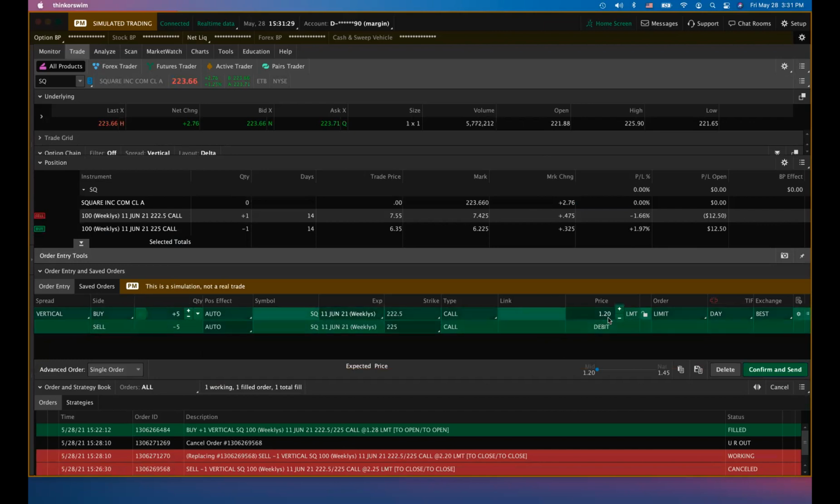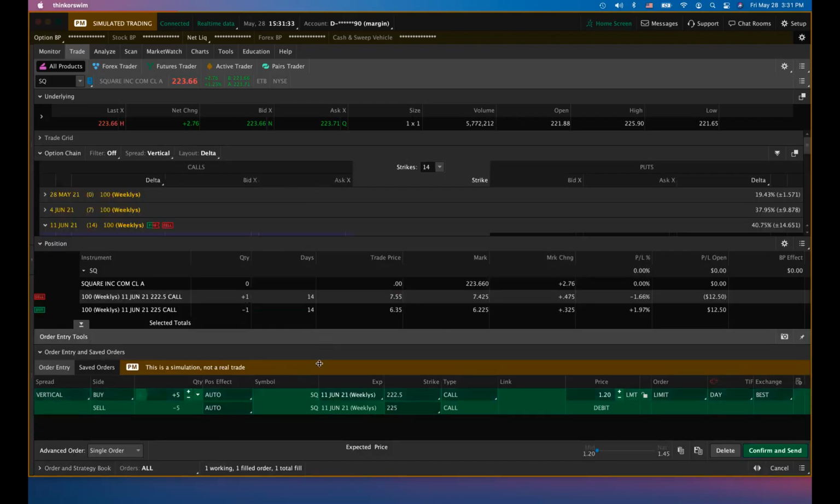Notice it's still at $1.20. The next thing I would do is change from single order to fast triggers OCO. You all know what OCO is, right? So that's order cancels order. I'm going to change that to fast triggers OCO.